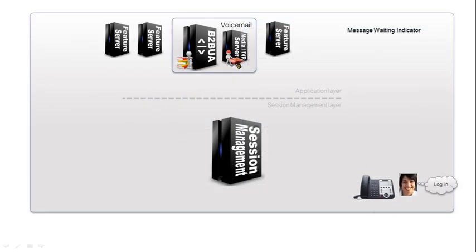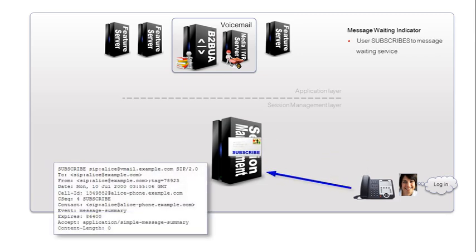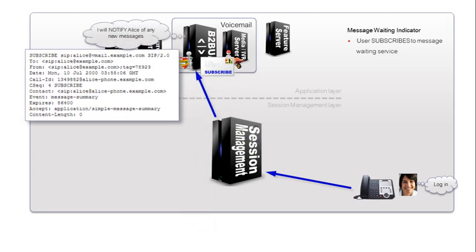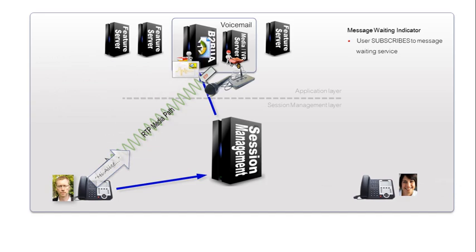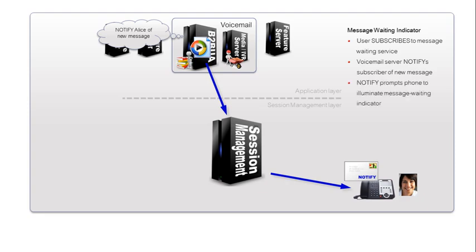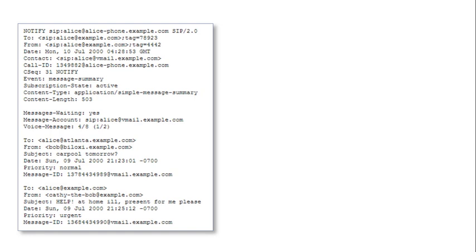During user login, as well as registering its details, the phone also subscribes to the voicemail notification service, the subscription being routed to the voicemail server by the session manager. Then, after recording a new message, the voicemail server sends a notify request to the phone, prompting it to illuminate the message waiting lamp. It's worth taking a quick look at the notify request.